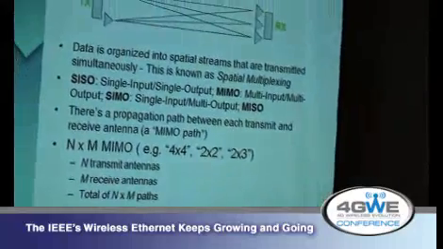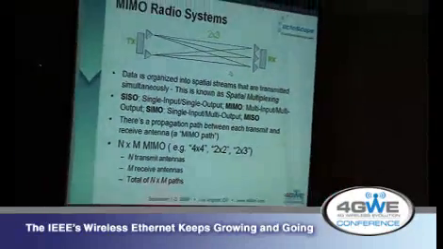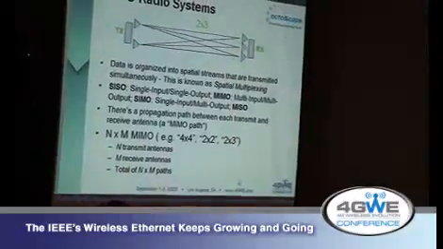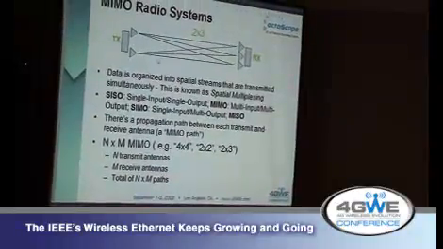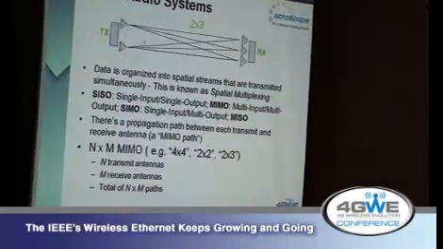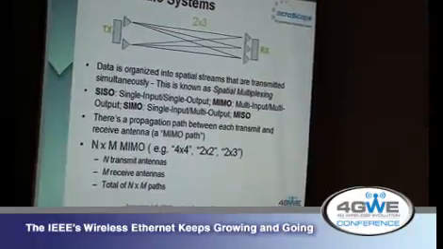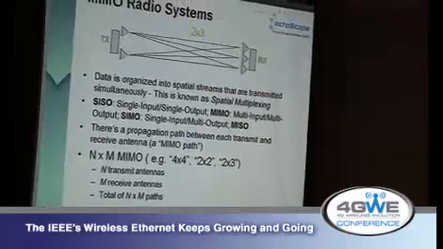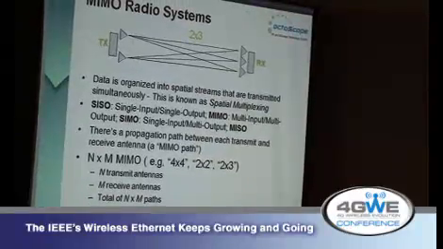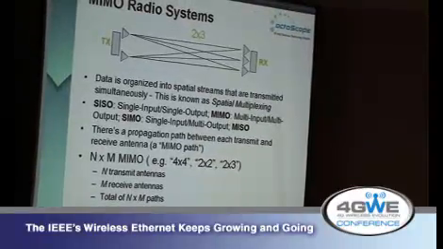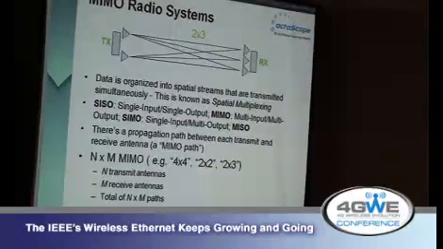So MIMO, you probably know how MIMO works, but essentially it requires multiple transmitters and multiple receivers in the radios that communicate. And the reason this has made such a big difference over a conventional single transmitter and receiver is because the signal bounces around.